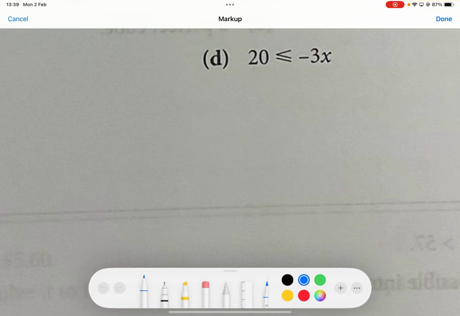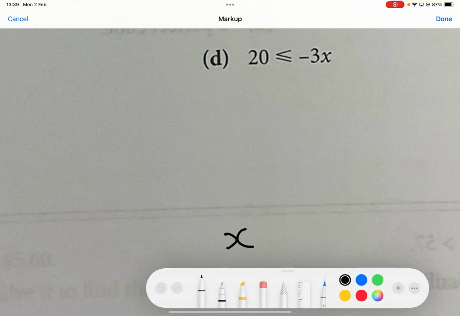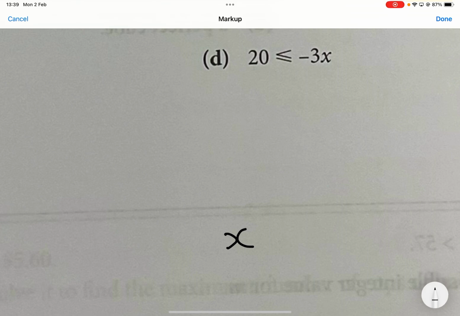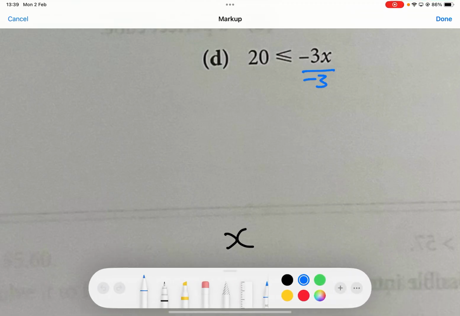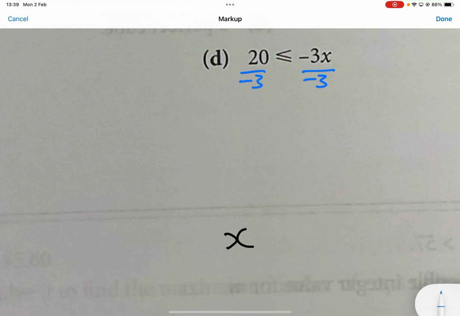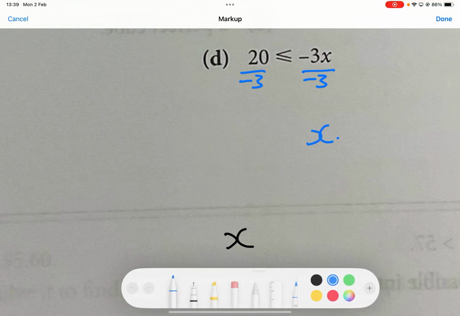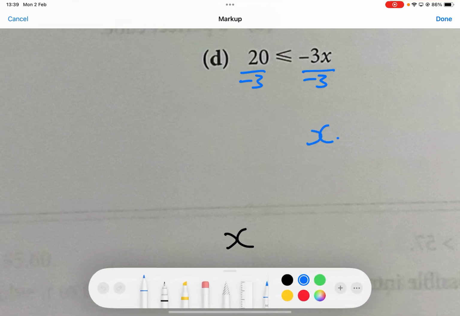So same if I'm given this inequality and asked to solve, it means I want to finally have x and all the other numbers on the other side. I want x to be alone. So from here, I will be dividing both sides by negative 3. Once I divide by negative 3, I no longer have negative 3x, I get a positive 1x.